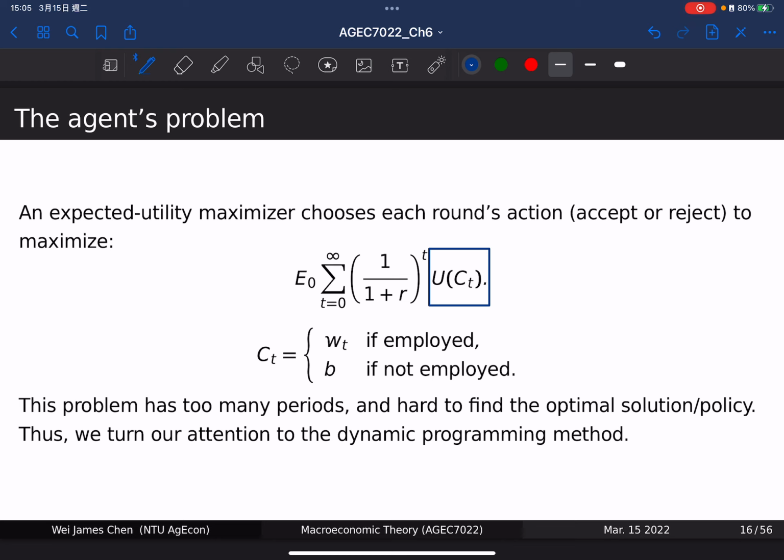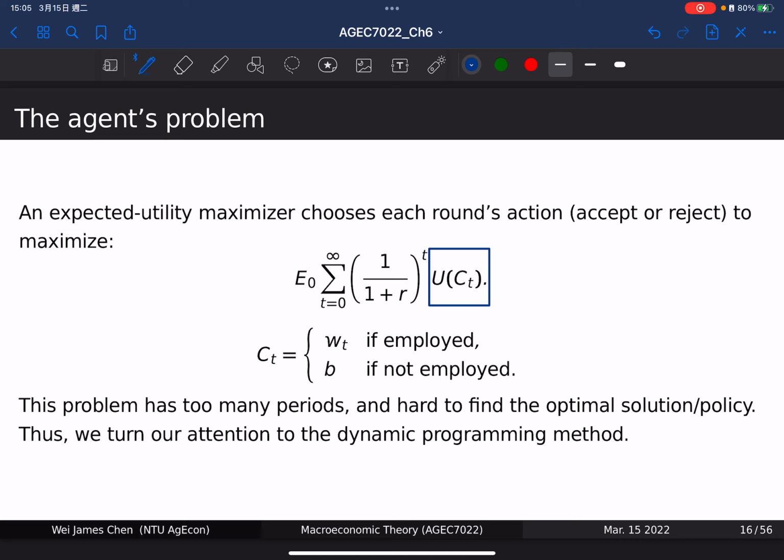In this model, I could do something like this. I could start as unemployed and search for a job, and then one day I see a new wage offer. I see this is a high enough wage, so I join it. Say it is $20 per hour. I accept it and start to work at that wage. After some period, I am separated from that job, so I become unemployed again.